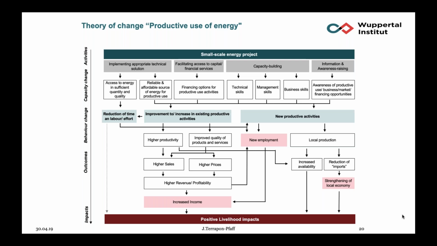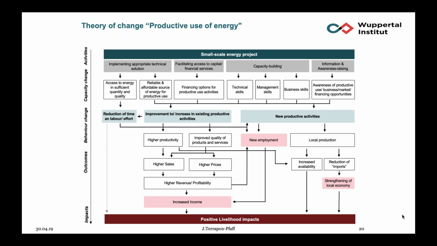But if you see all these links in this theory of change, all links are connected to certain risks, or the underlying assumptions might not hold true. So there are a lot of intersections where things can go wrong, and in the end we don't have the establishment of productive use, or we don't have the positive impact associated with the productive use of energy.